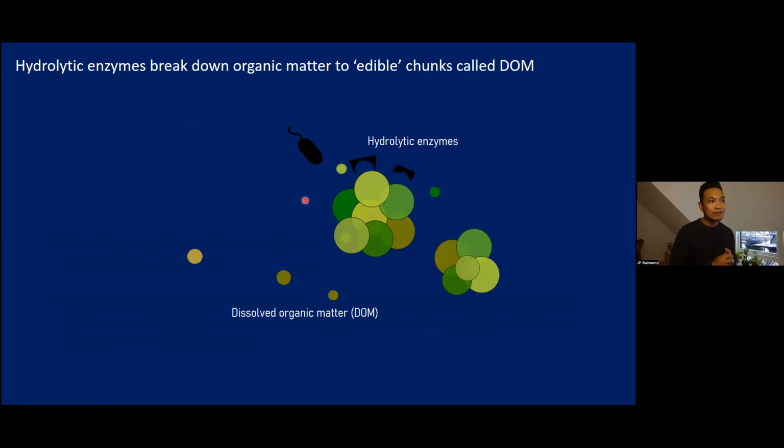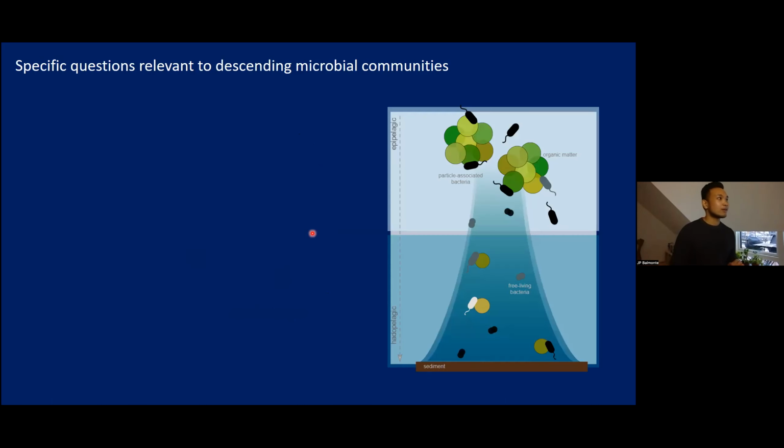The way they can do this is by producing their own utensils, which we call hydrolytic enzymes, represented here in black, that break down these large chunks of organic matter into much smaller chunks called dissolved organic matter. Once it's in this dissolved form and much smaller, they can assimilate it into their cells or use it to respire.